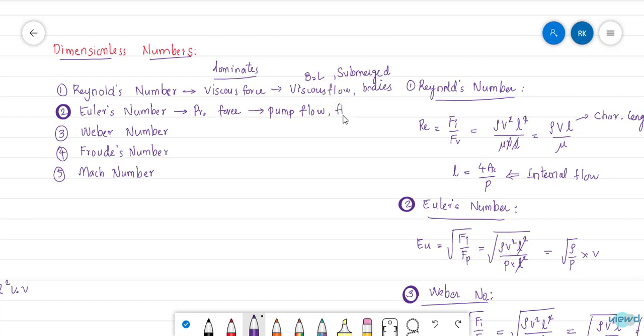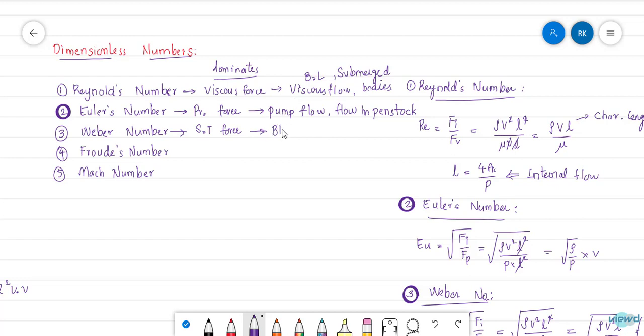Flow in penstock. In penstock, the fluid has a lot of pressure energy. So there also we need to use Euler's number. Weber number: when to use this Weber number? When surface tension force dominates. When does surface tension force dominate?